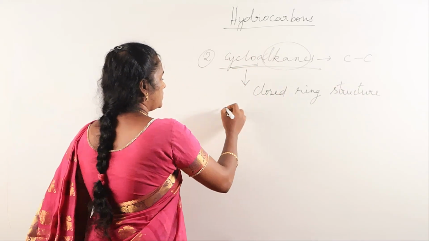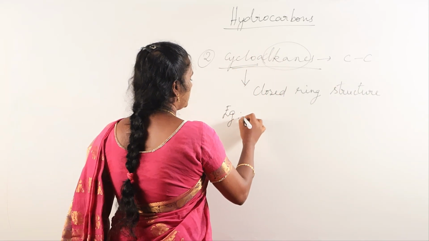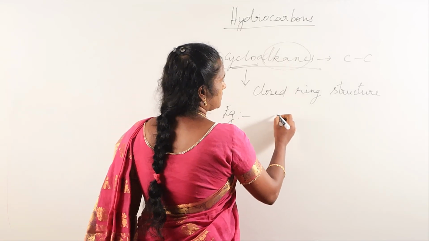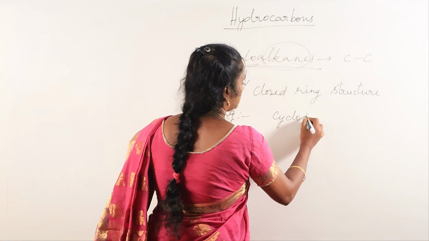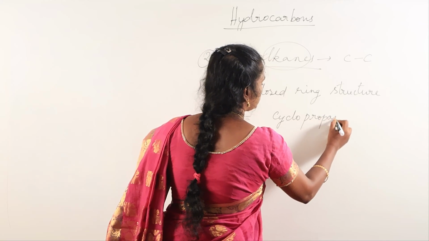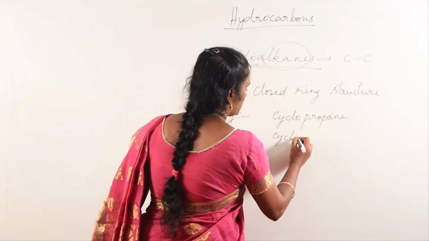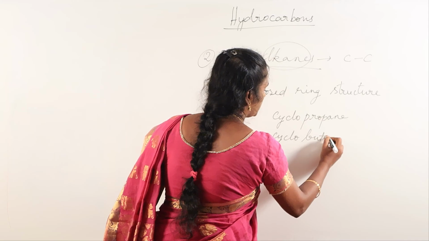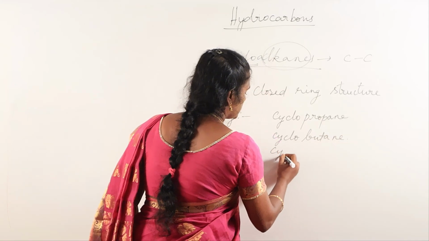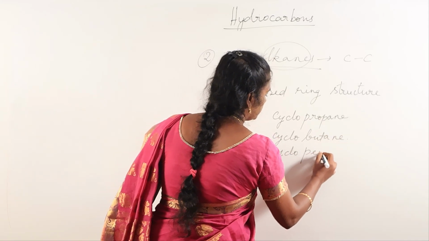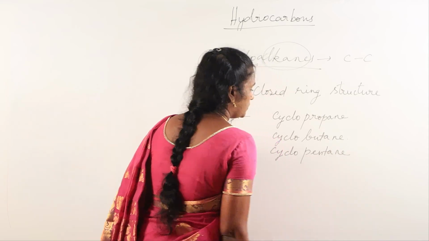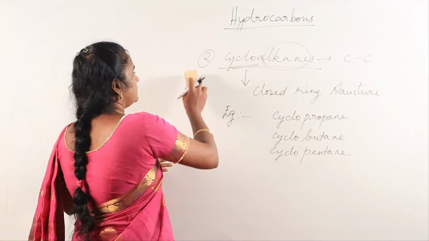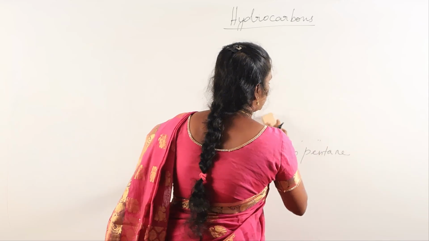So examples for cycloalkanes are cyclopropane, cyclobutane, cyclopentane. And next one, alkenes.